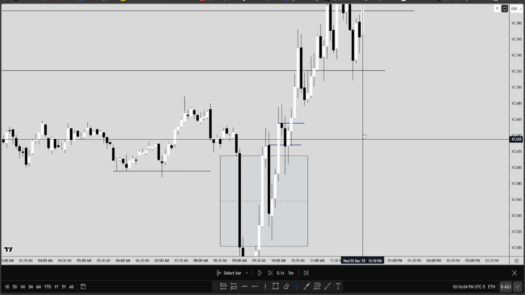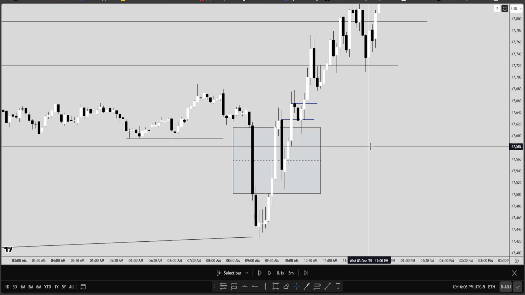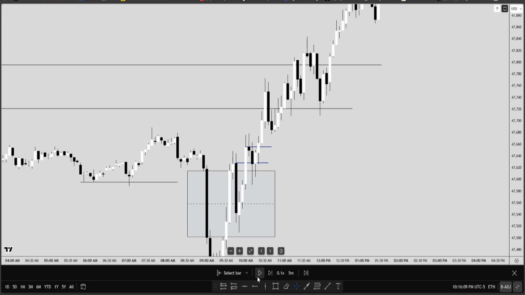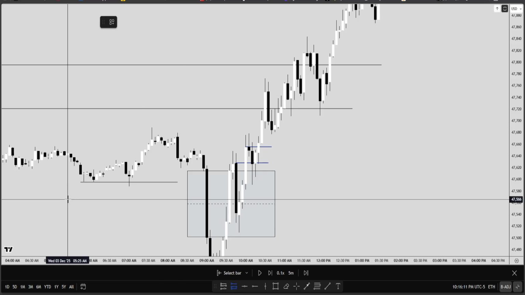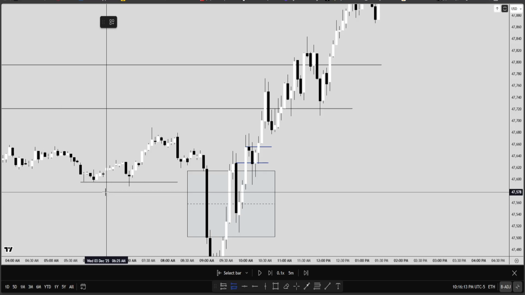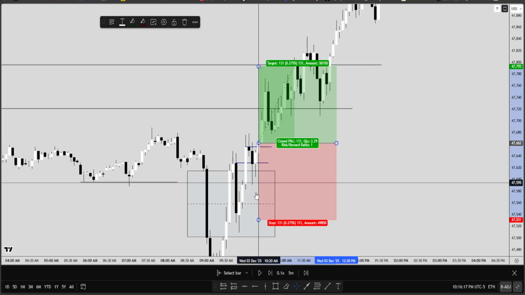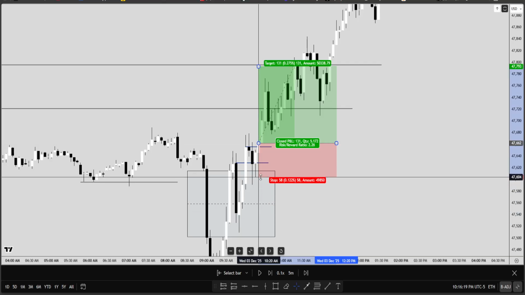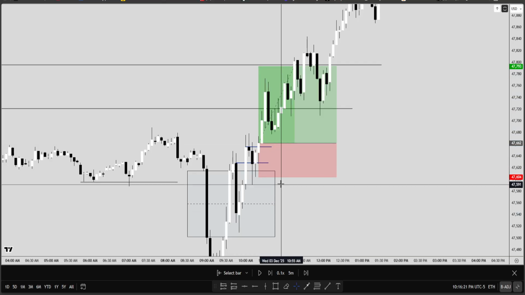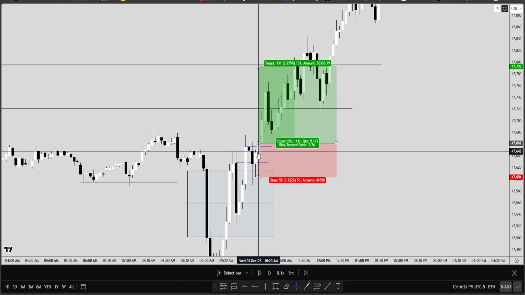Again, based off all the confluences that I was mentioning to you, this just made more sense to me. And again, while NQ and ES were just in a way I would say consolidating, YM was showing some willingness to expand. So I had my stop loss just right here, just due to risk wise.